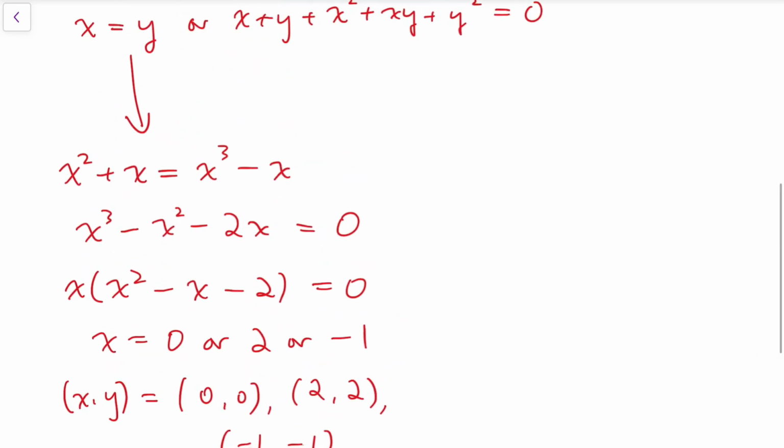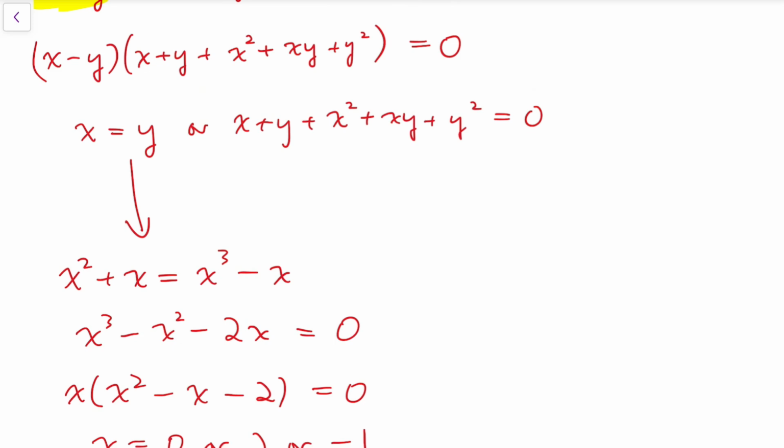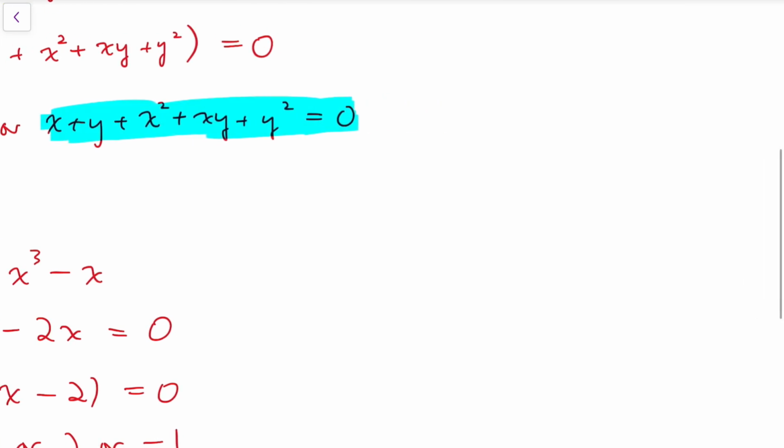Apart from saying that x plus y plus x squared plus xy plus y squared equals 0, we also have the fact that x and y are not equal. Then we can go back to the first equation.